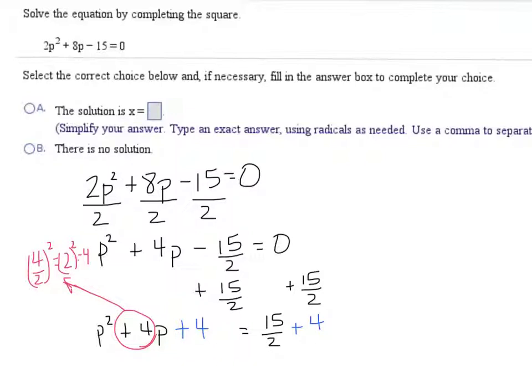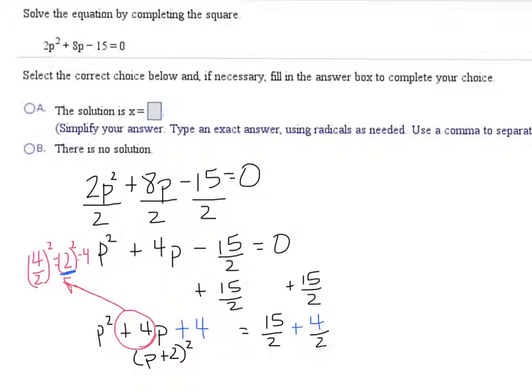Now the reason I kept this way is so that I know what this side is going to look like as a perfect square. It's going to be p, and then that's a positive 2, so it's p plus 2 squared. So I already have it factored as a perfect square. On the other side, I would like to have these with common denominators.